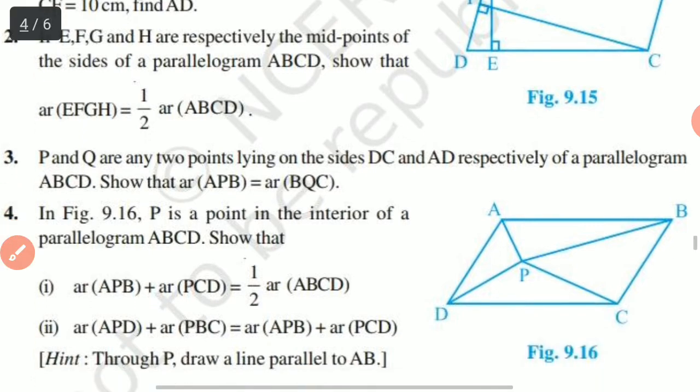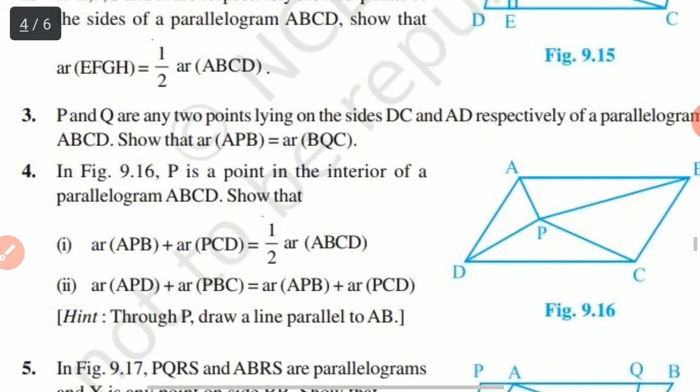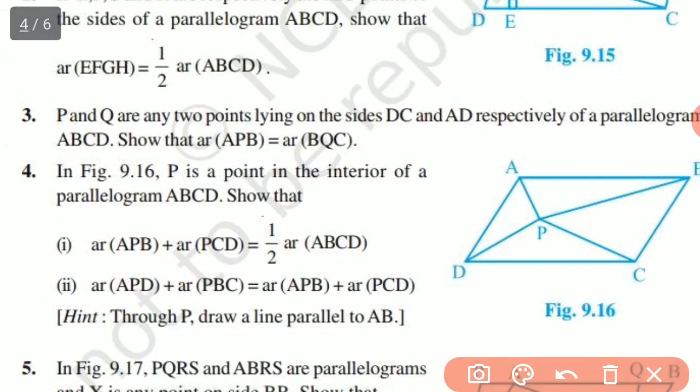Similarly, in question number 4, in the figure this parallelogram ABCD, and this point P, for this we will construct a line passing through P like this.